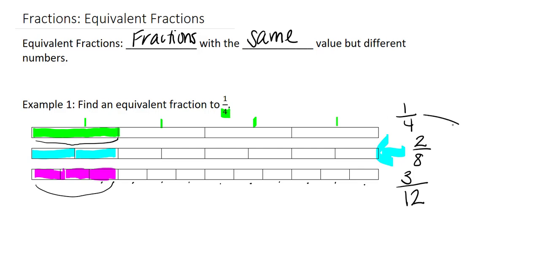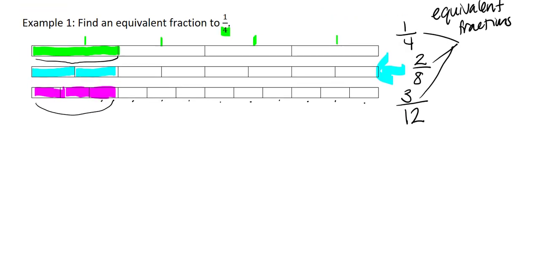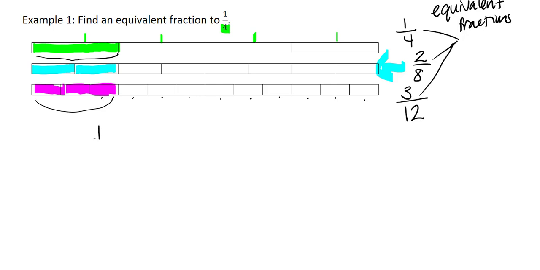So all of these are considered to be equivalent fractions of each other because they have the same value but just are represented by different numbers. So in order to go from, say, 1/4 to 2/8, all we did here was we just multiply each one by 2, the top and the bottom.